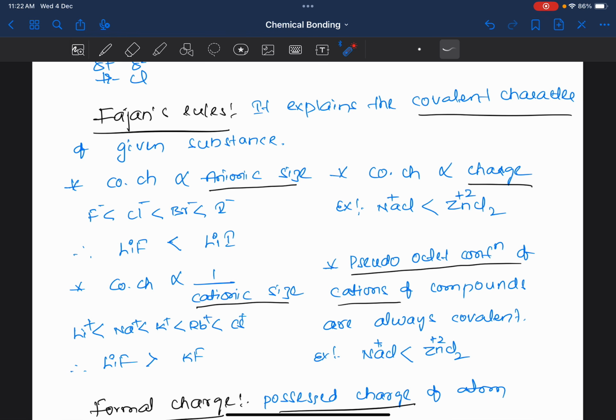So covalent character is directly related to anionic size, inversely related to cationic size, directly related to charge, and compounds with pseudo-octet configuration of cations are always covalent in nature. So these are about Fajan's rules. So this much is enough.